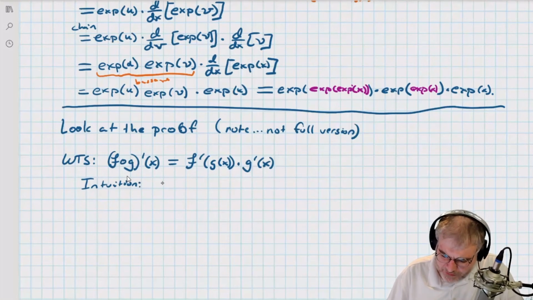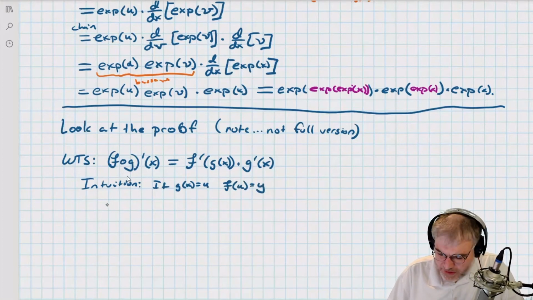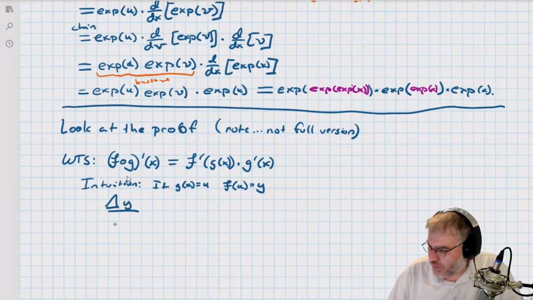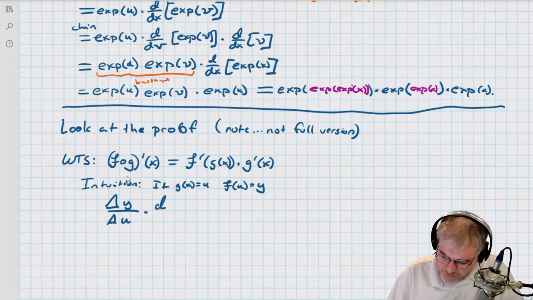So if g of x equals u and f of u equals y, then my intuition is going to be that the change in y over the change in u times the change in u with respect to the change in x equals the change in y with respect to the change in x.